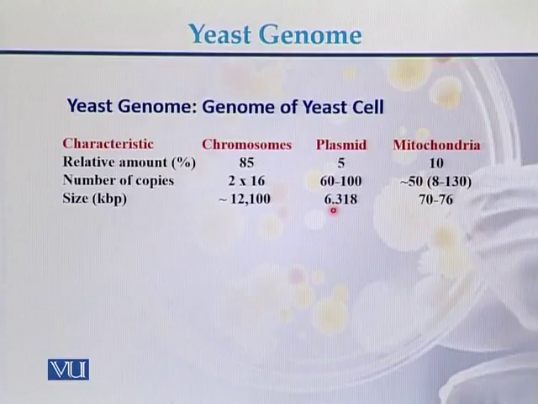In case of plasmid, it can be 6.3 kb, and in case of mitochondria, it can be between 70 to 76 kb of DNA. So this is the comparison between the genome of the chromosomes, the plasmid, and the mitochondria, because all these three are present in the cell of the yeast.